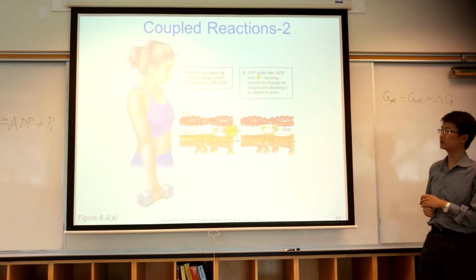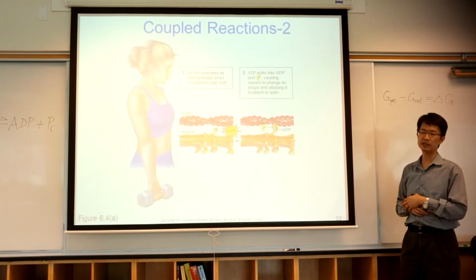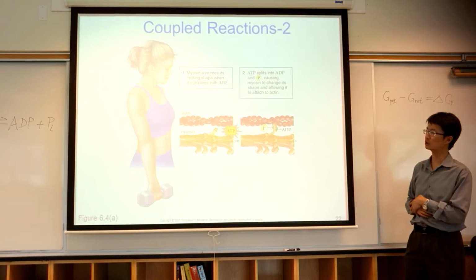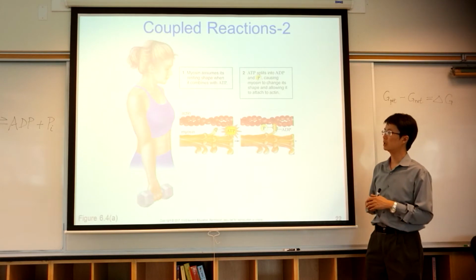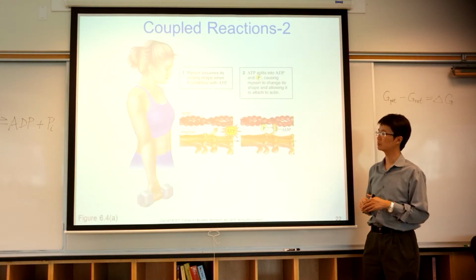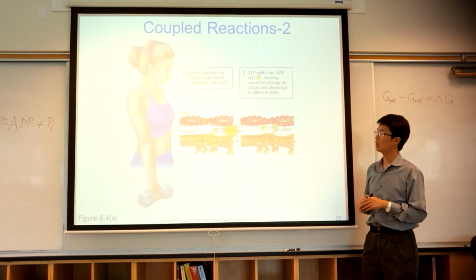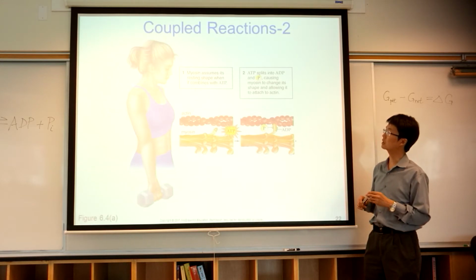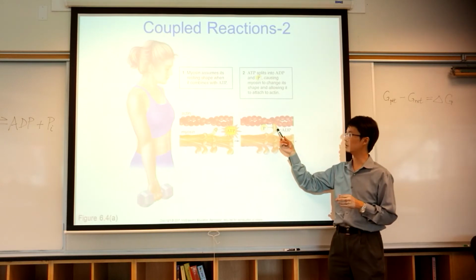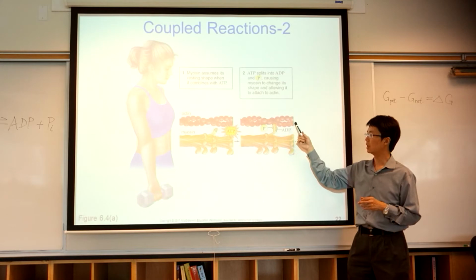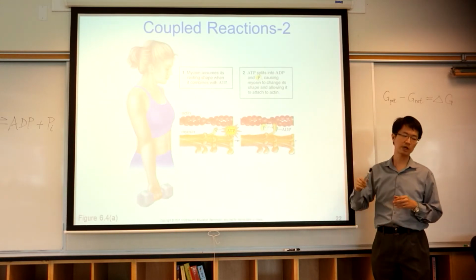This is another example that you will learn a lot more in detail in physiology, the muscle contraction. Muscle contraction requires ATP. Specifically, the hydrolysis of ATP will cause the muscle contraction.